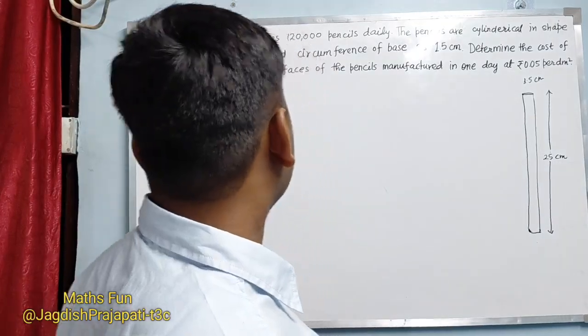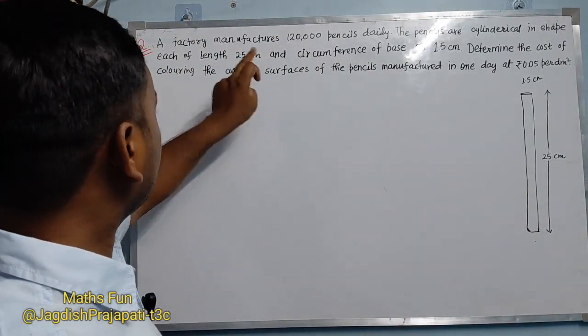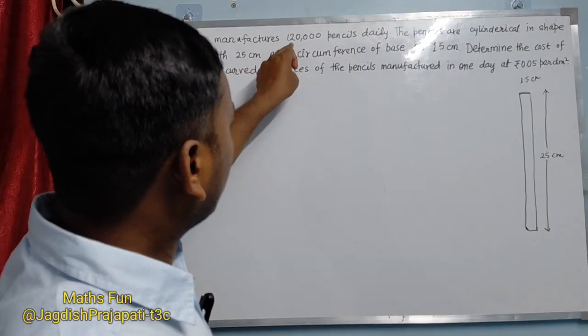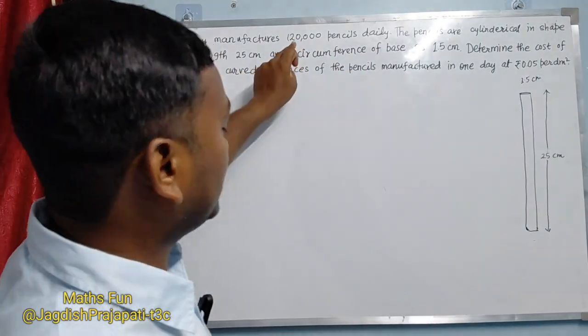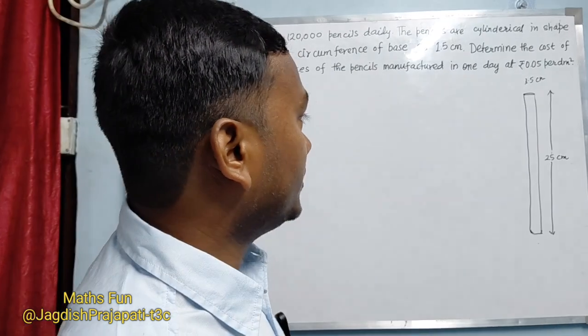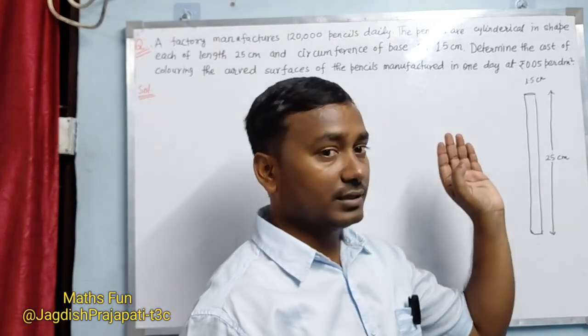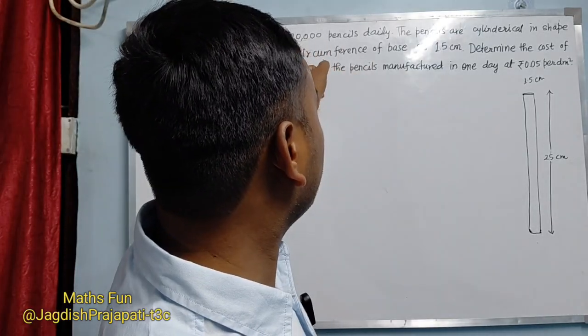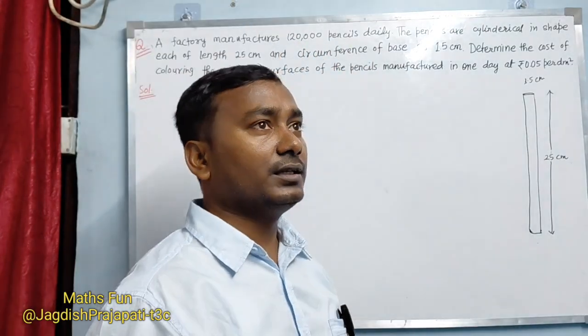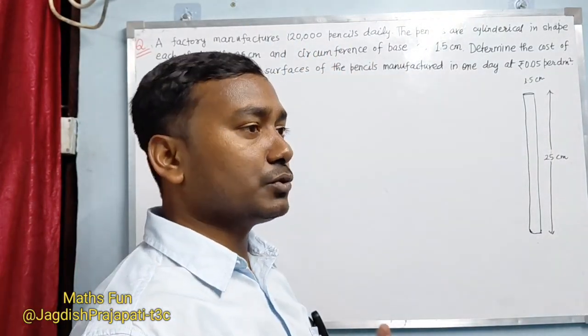Since they are manufacturing 1,20,000 pencils in one day, if we find out the curved surface of one pencil and multiply with this quantity, we can find the total curved surface.